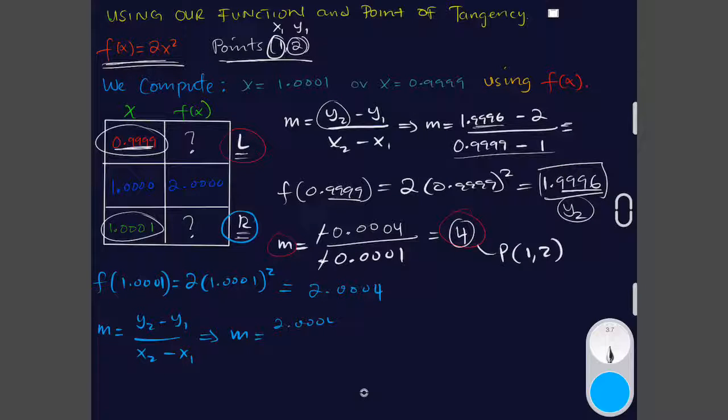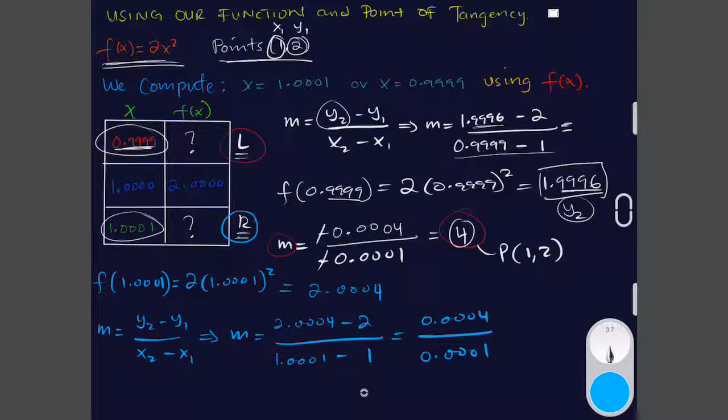So we see that minus 2 all over, and our x2 value is 1.0001 minus 1. So if we do the subtraction, we have 0.0004 all over 0.0001.